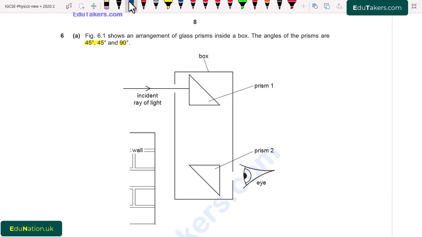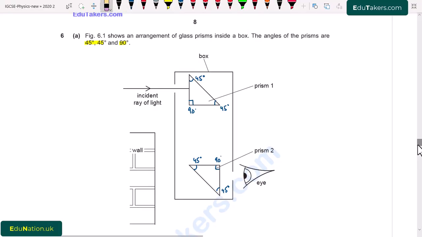First of all, we have to specify these angles. You can see for prism 1, this is 90 degrees. This angle is 45. It's also 45 degrees. For prism 2, it is 45 degrees. It's again 45 and it's 90 degrees.